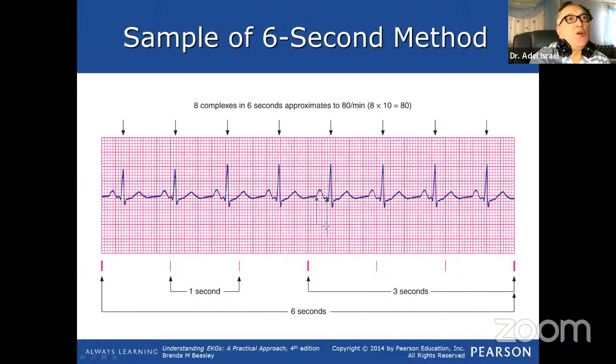Then if we go from the Q to the end of S here and we count, it is less than, it is just 2 small boxes. So it is 0.08, which means it is less than 0.12 second. So the QRS is also within normal. So what is the conclusion?